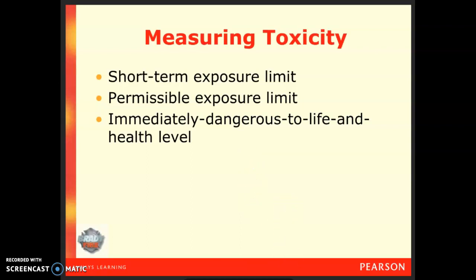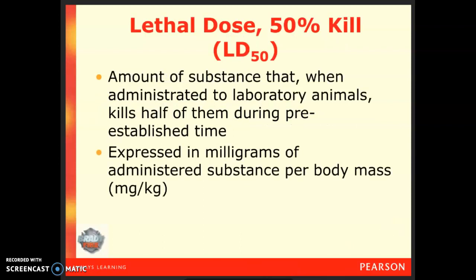Let's take a look at just some overall measurements of toxicity. So the first one we're going to look at is something called the LD50. LD50 is short for lethal dose, 50% kill. And this number is derived from laboratory experiments.